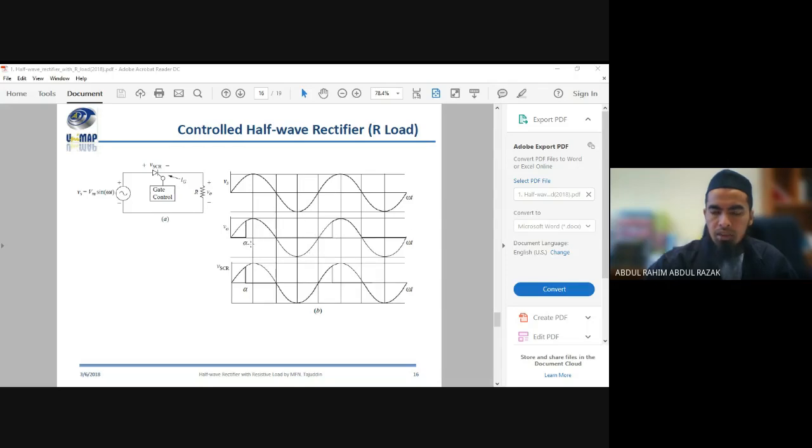So each cycle you have to produce the signal into the gate.